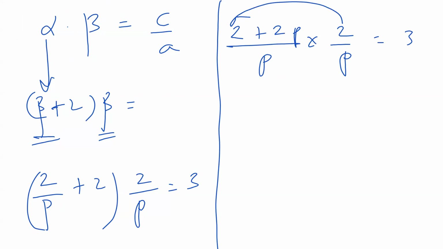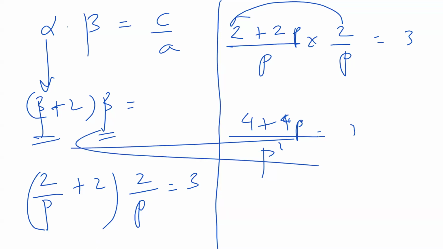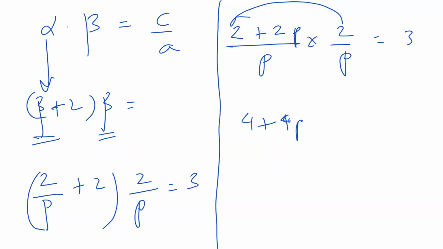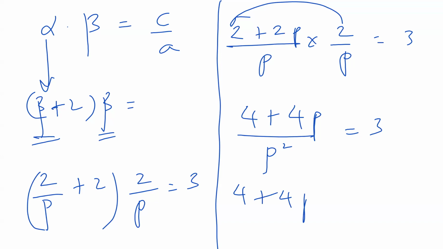So 4 plus 4p upon p square equal to 3. So 4 plus 4p is equal to 3p square.